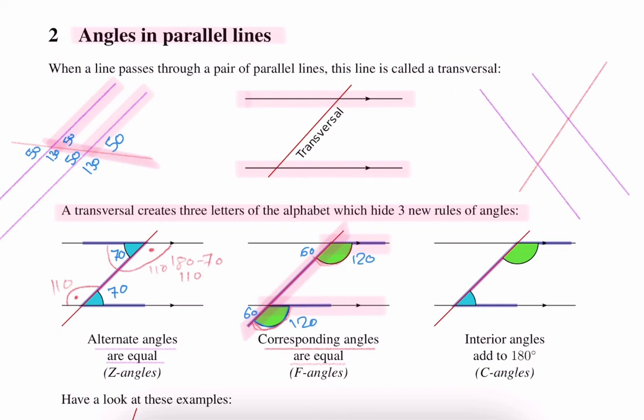If this angle is 130, then this angle here is its corresponding angle. Also, on this diagram here, we can show more corresponding angles. This angle is corresponding to this one. This angle is corresponding to this one. Let's give them the same symbol.